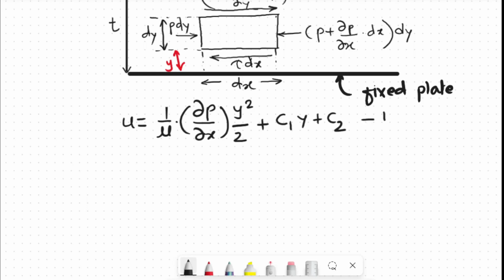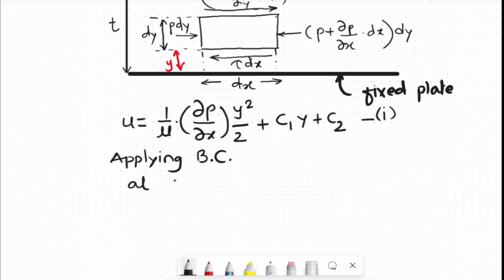So this was the relation for the velocity profile. Now, for this case, we'll apply the boundary conditions. B.C. refers to boundary conditions.